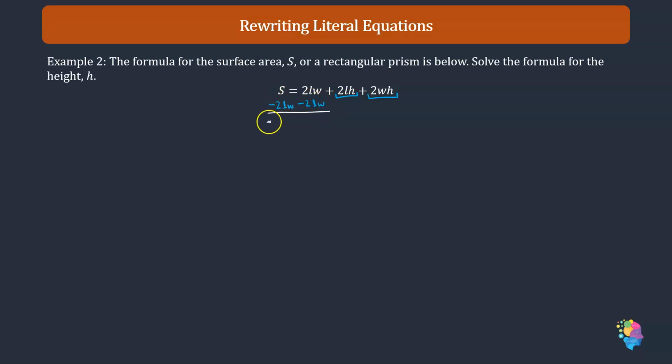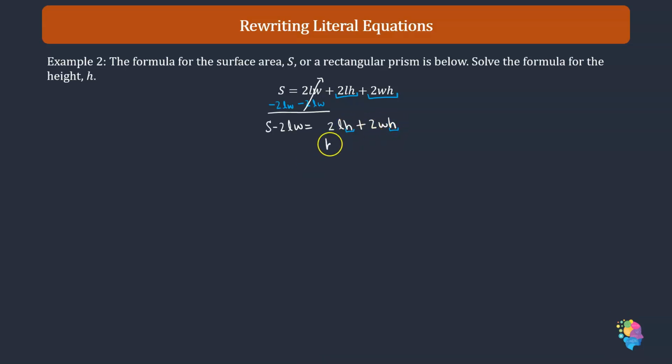The left side will be s minus 2lw. Don't lose the equal sign. That goes to 0, and I'm left with the two terms that have the letter h. Now, I want to make this so that I have a single h to solve for. I cannot add these two terms because they're not like terms, but we can do the backwards distributive property and take out those h's that they have in common.